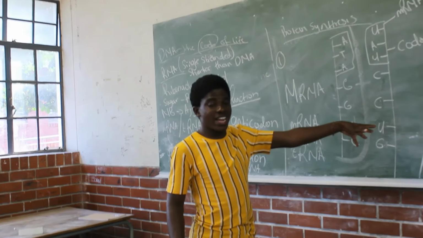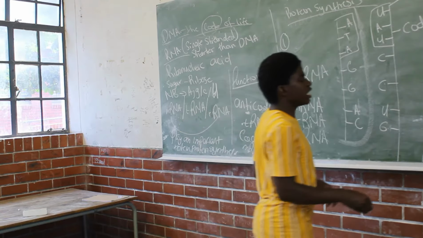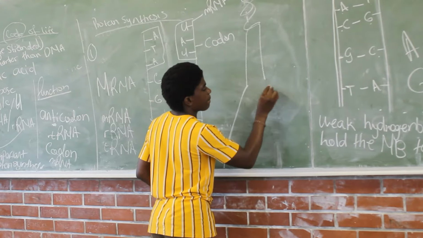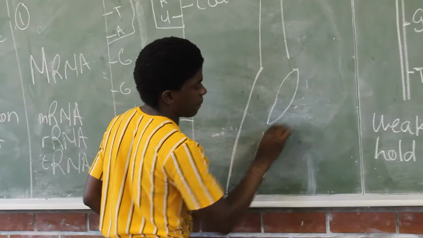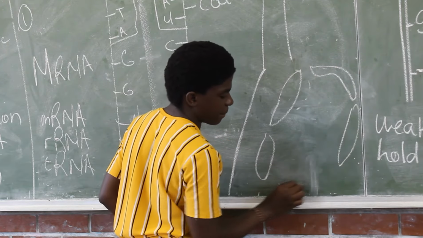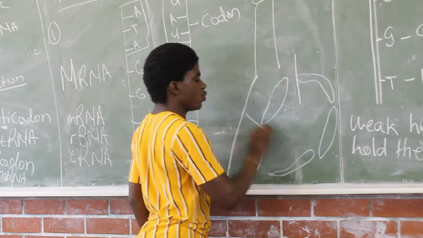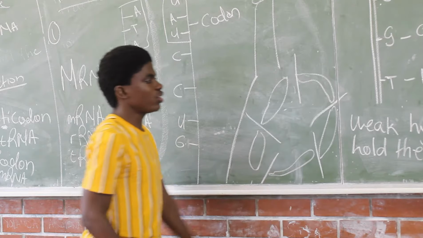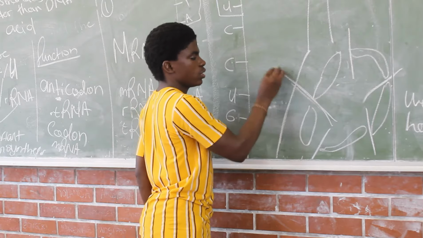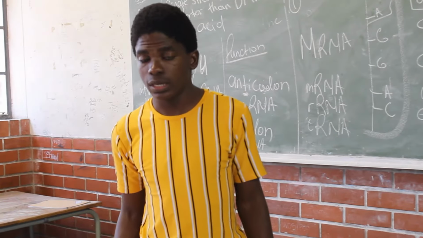So when the messenger RNA has been created, since we know that the nucleus has nuclear pores like this, I'm not going to be drawing, forgive me, the messenger RNA moves out through the nuclear pores and goes to the ribosome, which is the site of protein synthesis.